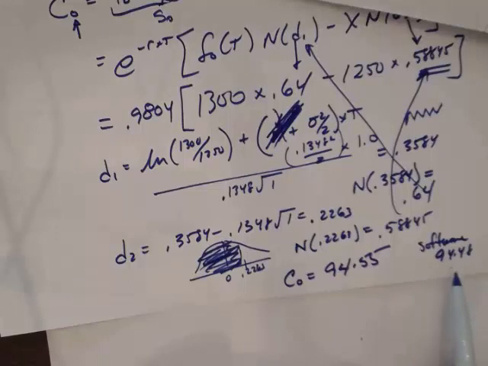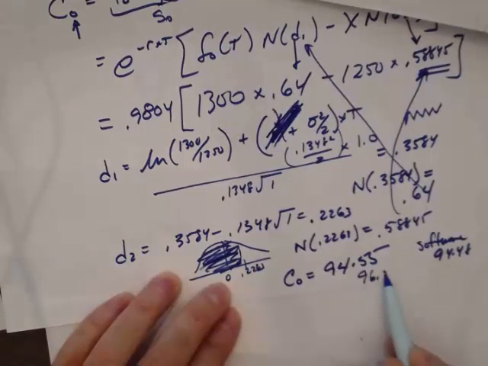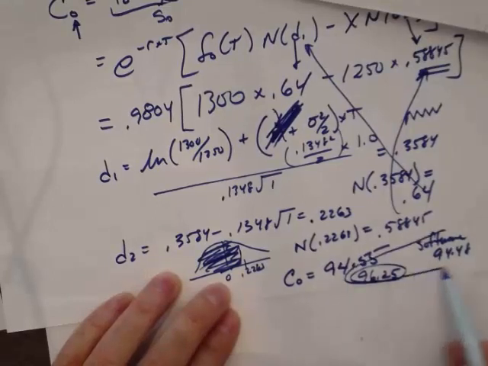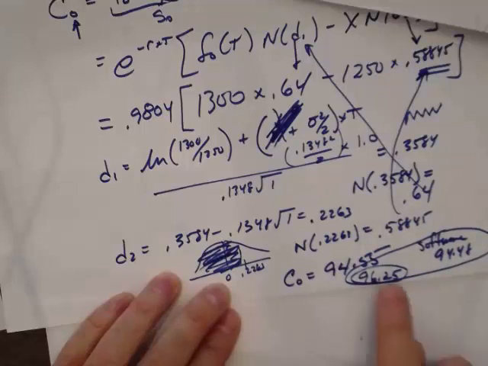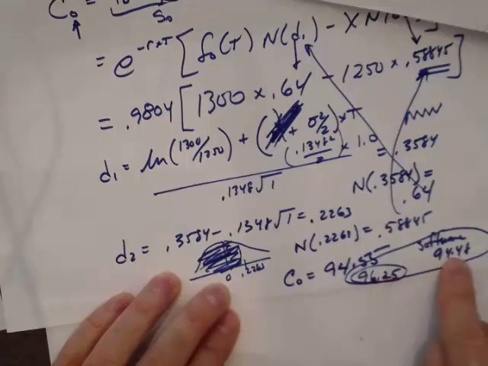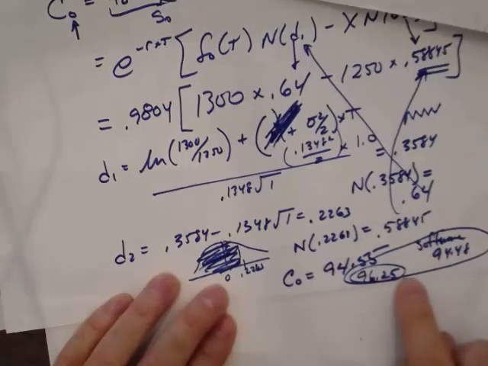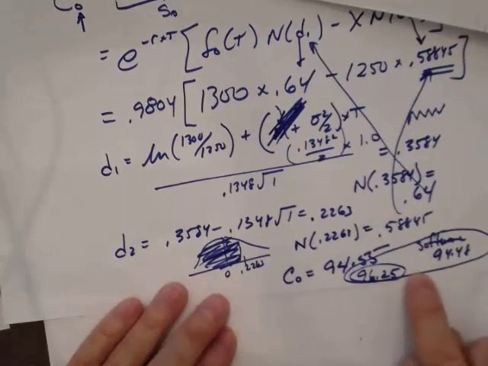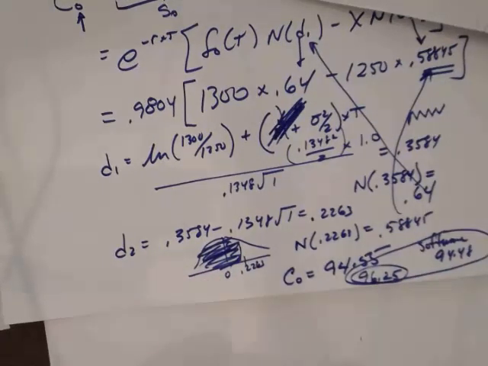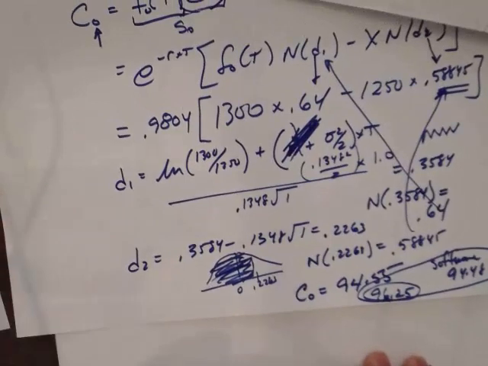Only a couple of cents. Also compare that to the 96.25 with the two-step binomial. Technically, these are probably the best numbers to compare. The difference between the two-step versus an infinite number of steps is just under $2. So we're a pretty good approximation. We got the concepts worked out, which is the important part.